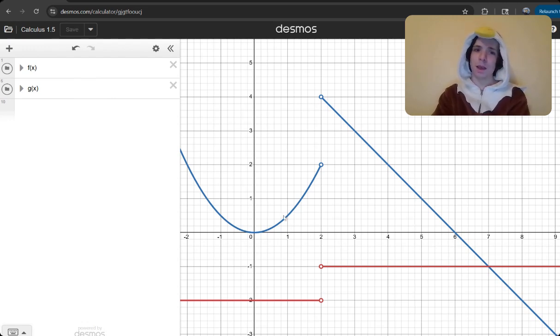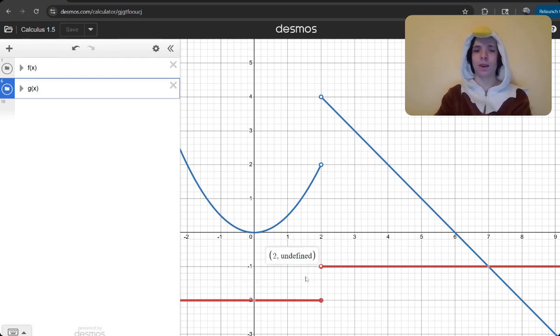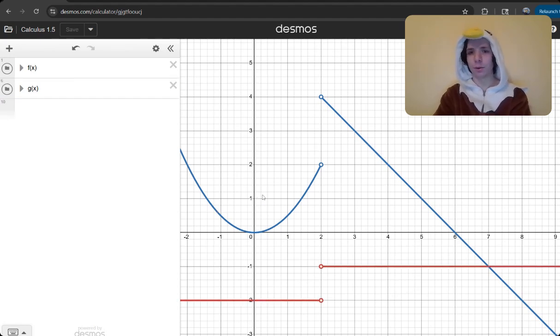So if x is approaching 2 from the left, f of x is approaching 2. So that limit from the left is going to be 2. And g of x is just kind of staying down here right at -2. So we're saying that limit is going to be -2 as well. So limit from the left, 2 times -2, -4.